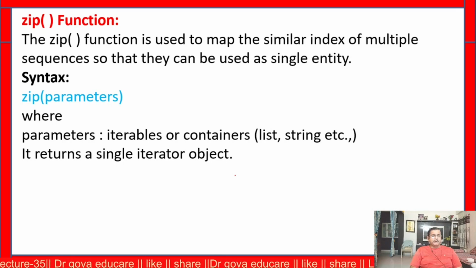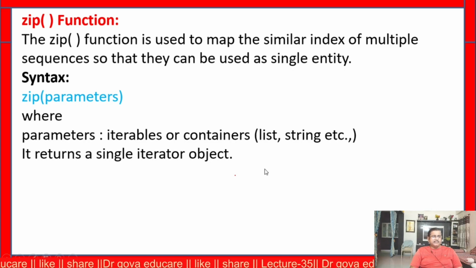Next important function, the zip function. Now the zip function is used to map the similar index of multiple sequences so that they can be used as a single entity.